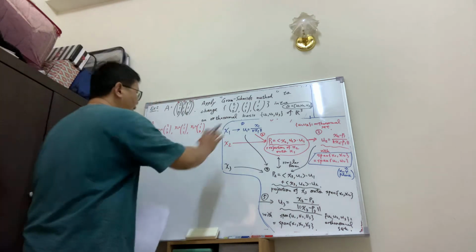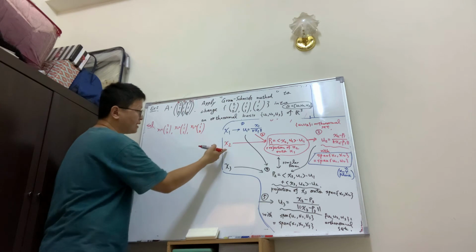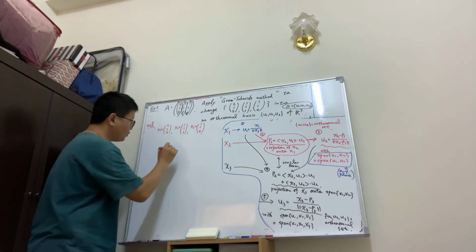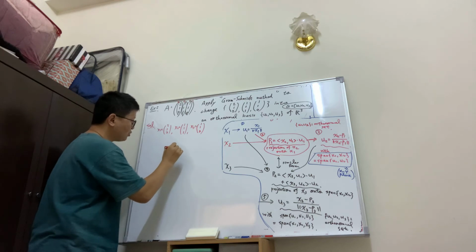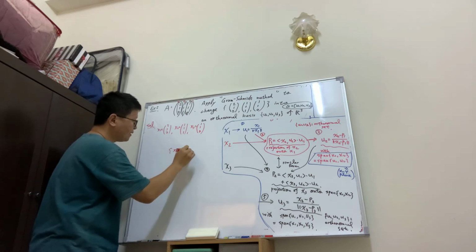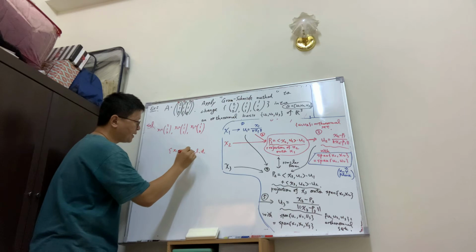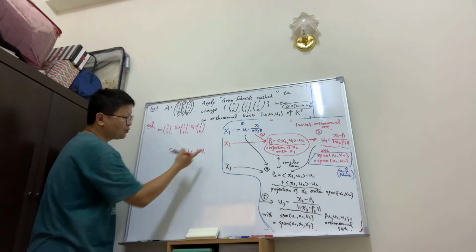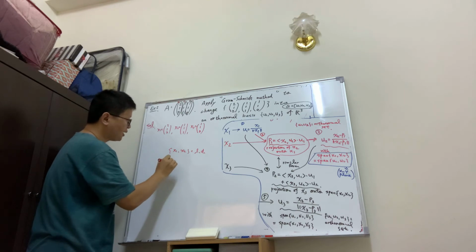Okay, and by the way, if we have two vectors S1 and S2, and if they are linearly dependent, then if we use the projection formula, what will you get?